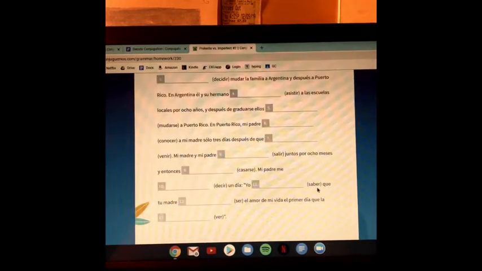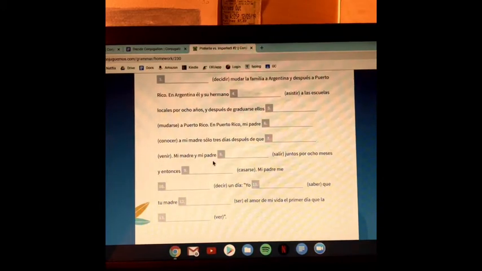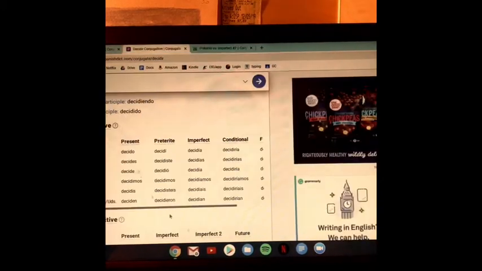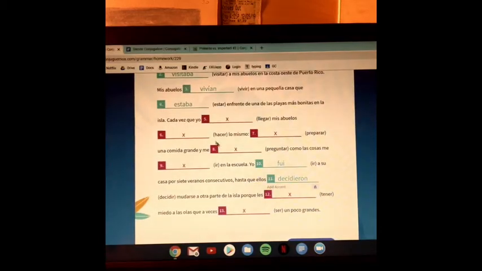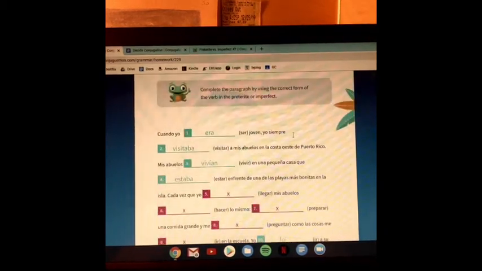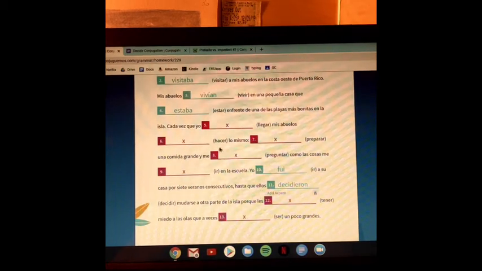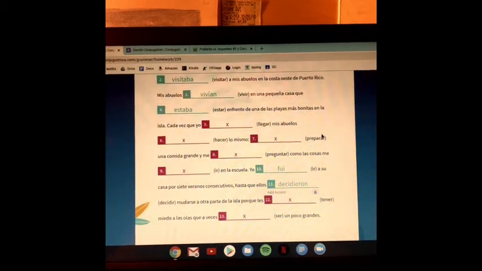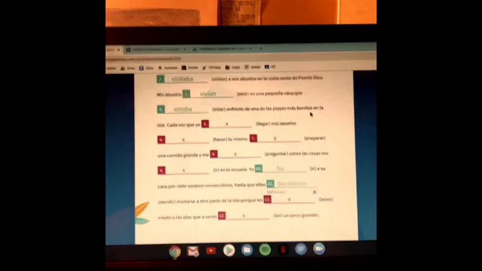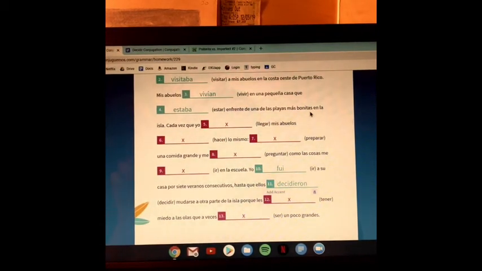And when you're done, I'll put this on your assignment as well, but I want you to take a picture of what you get, and be careful because sometimes it doesn't let you. So once you get the last one right, take a picture of that, okay? I'll put that on there as well. So make sure you take a picture right before you get the last one right, or at least when you have only one more wrong. I hope that makes sense.